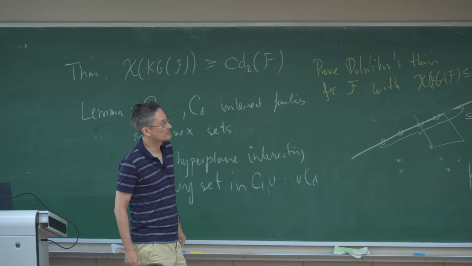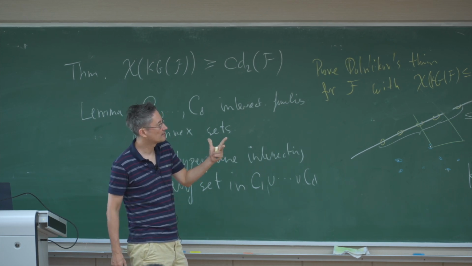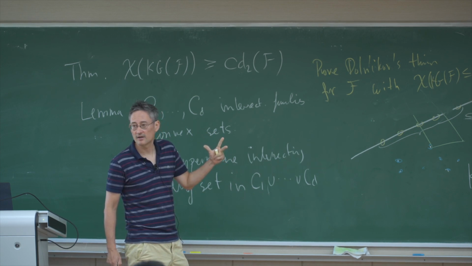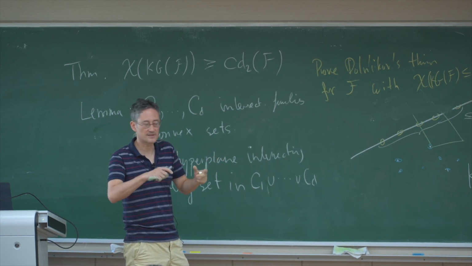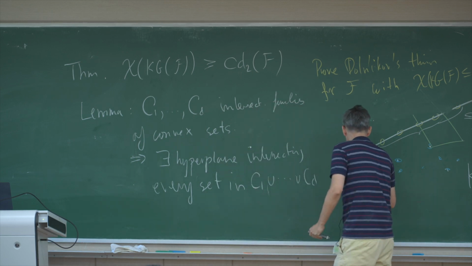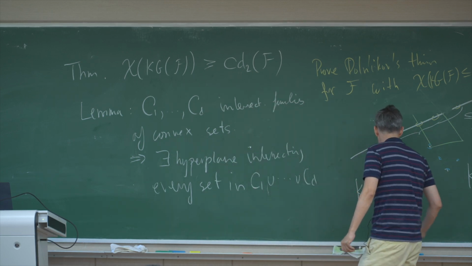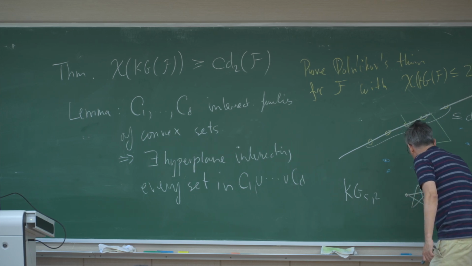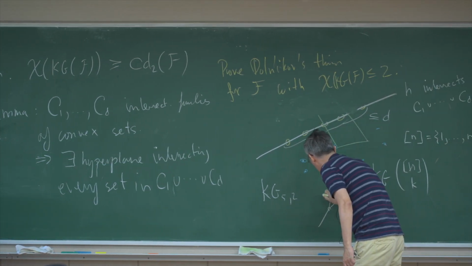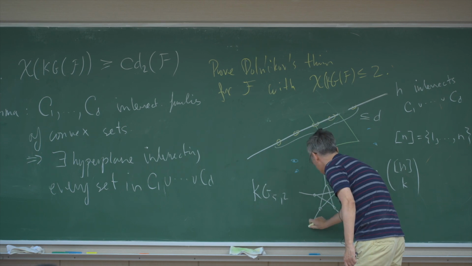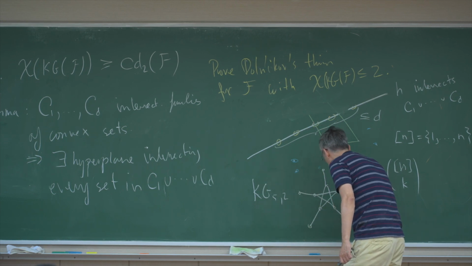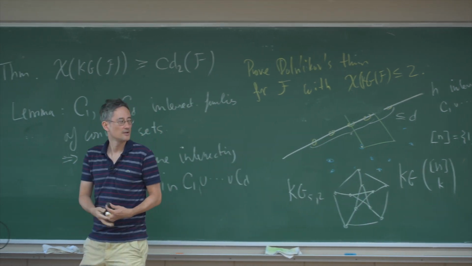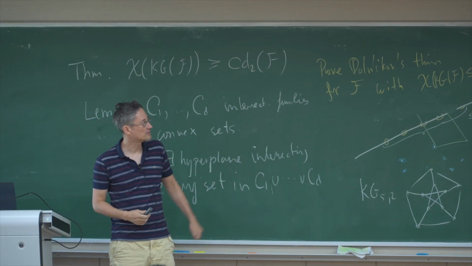So, for example, when we took KG(5,2), we got the Petersen graph. But if you take SG(5,2), you get a much simpler graph.